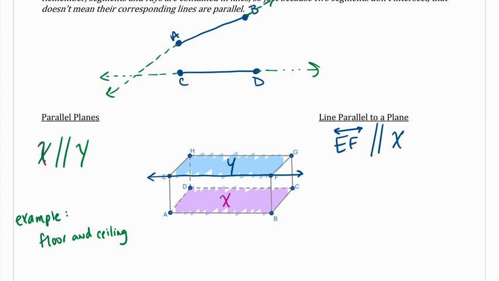I can also say, if I think of a different line, let's say line FG, that's over here on this side. FG never intersects plane X either, so it is parallel to plane X. Okay, so lines can be parallel to planes as well.